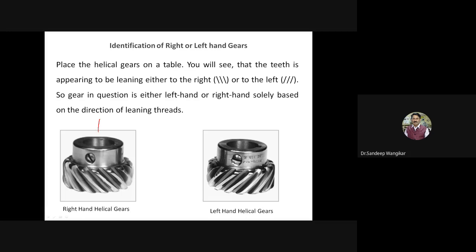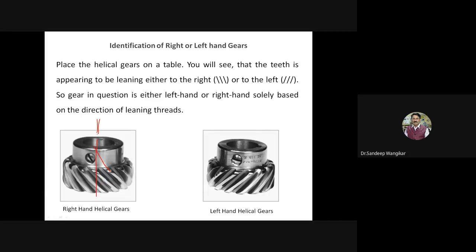If I draw a center line, and then extend the teeth from the right hand side, and they match, I can call this a right hand helix.